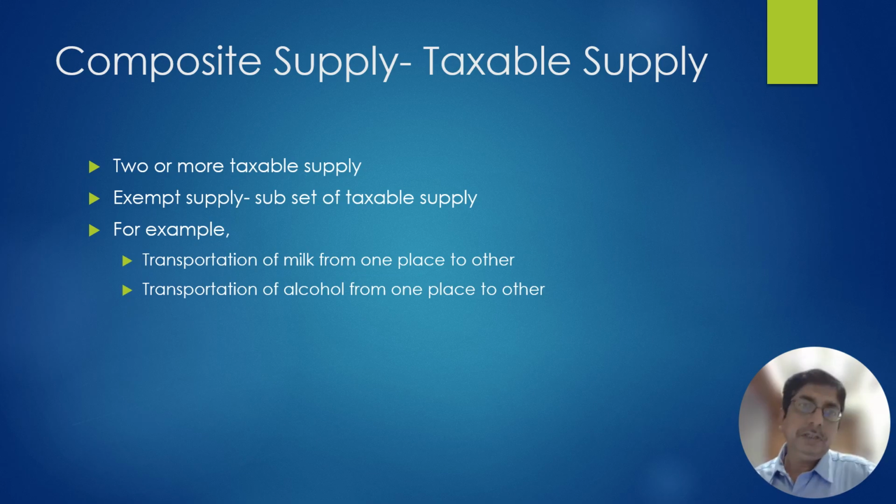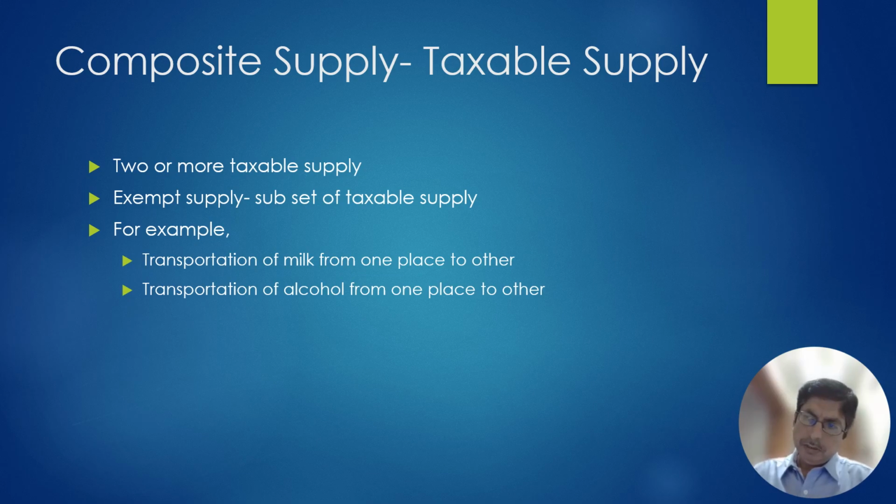Next topic. This is a little tricky. We'll give a separate video on what is exempt supply, but just as a passing reference, composite supply means two or more taxable supplies. And taxable supply will include exempt supply, but taxable supply will not include non-taxable supply.